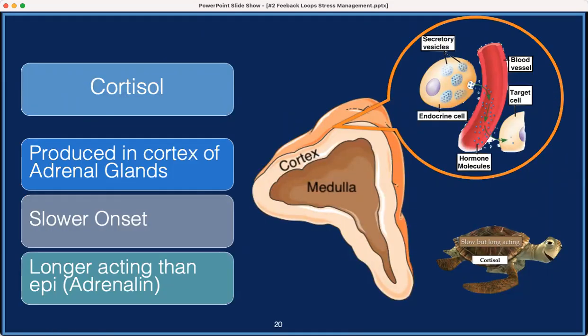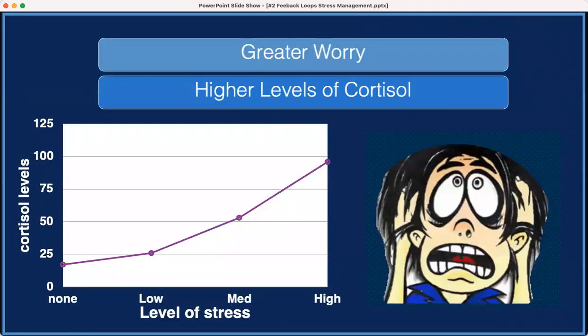Cortisol, remember, is lipid soluble, cholesterol based, slower acting, and hangs around a little bit longer. So it can be measured. Your level of stress can be measured by your cortisol levels, and the higher the stress, the higher the cortisol levels.